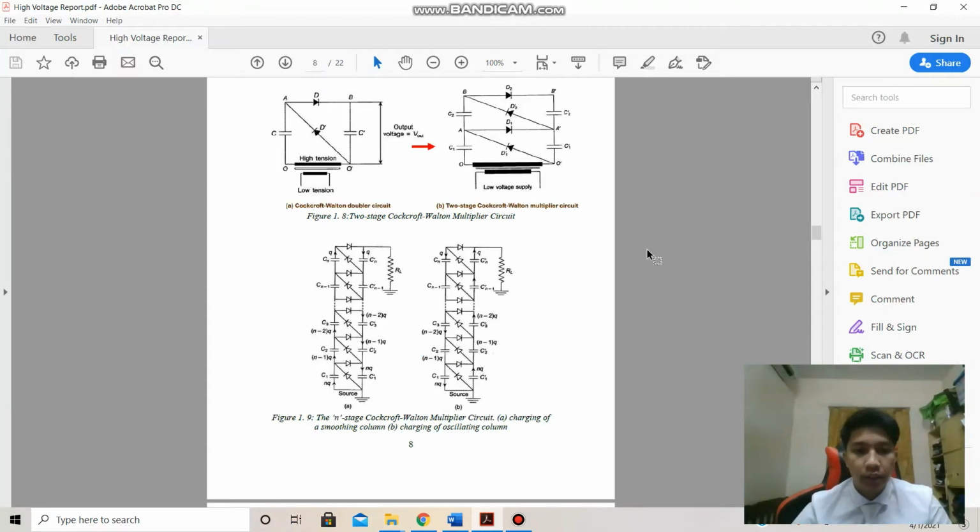As you can see in this figure, there is the two-stage Cockcroft-Walton multiplier circuit, and this is the n-stage Cockcroft-Walton multiplier circuit. This is the charging of the smoothing column, and this is the charging of the oscillating column.